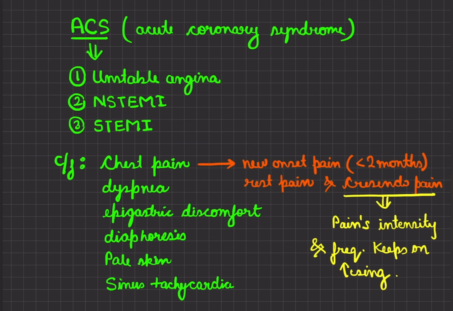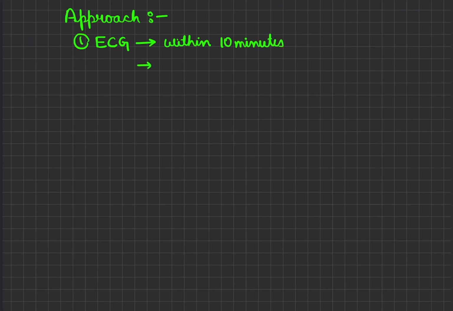Now let's approach the ACS. For ACS approach, we first do ECG. That should be done within 10 minutes and look for any ST elevation or any kind of ST depression.